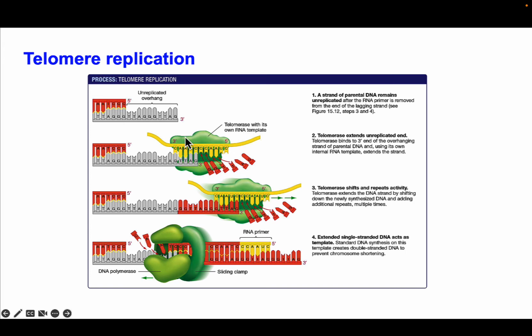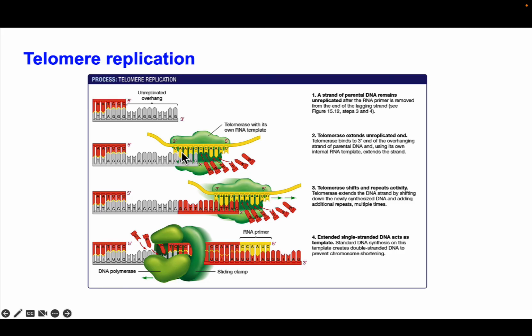I'm going to start right here in the middle of the figure and explain what we're looking at. So this is telomerase. This is an enzyme, and here's the protein part of the enzyme. Telomerase, also within the protein, has its own RNA template. Its RNA template is CAAUCCC.